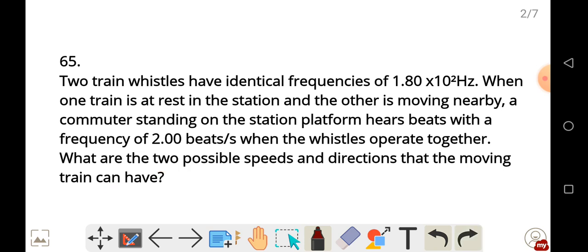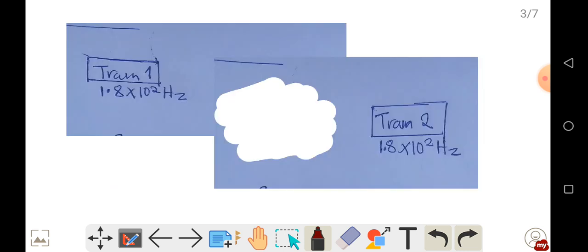So let's look at the diagram representing this information here. We'll assume that this is train 1, which is stationary. Then this is train 2, which is moving.